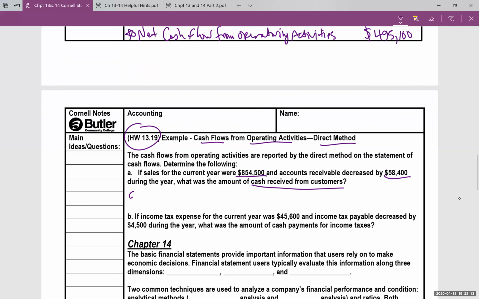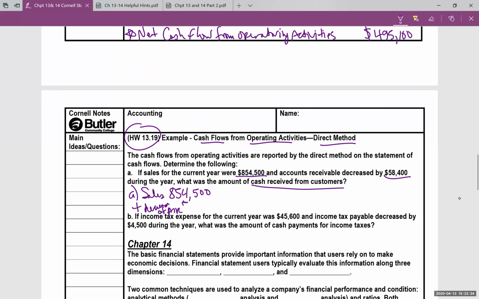Here it is. Sales were 854,500 for the year, plus we're going to add to that the decrease of AR because customers sent in that money, right?